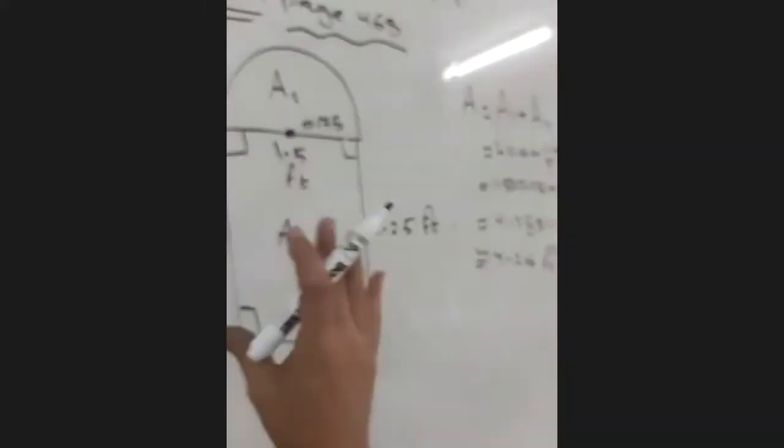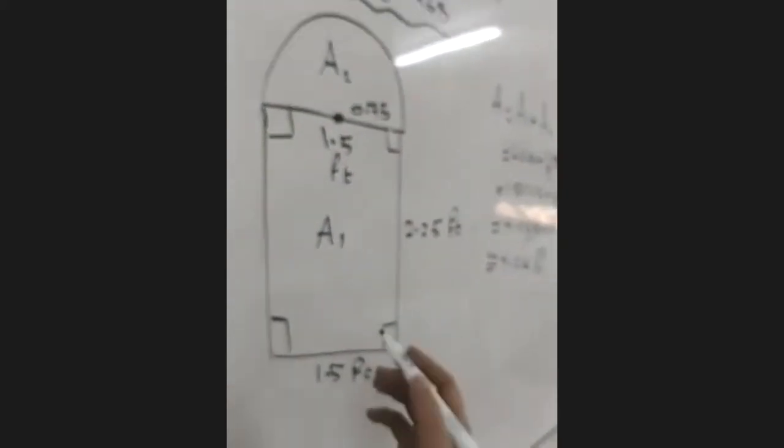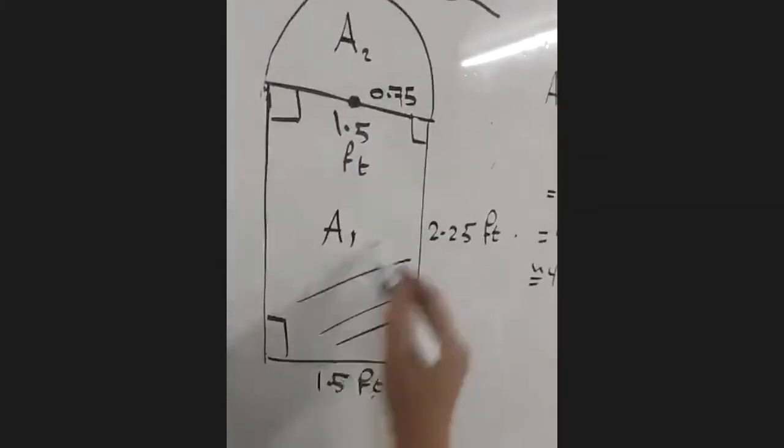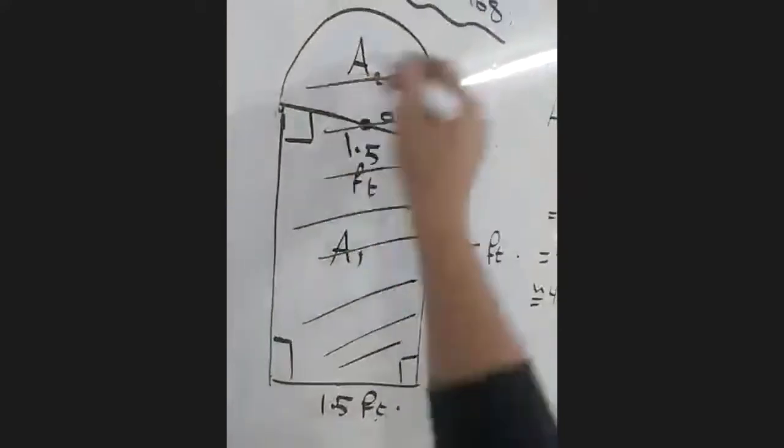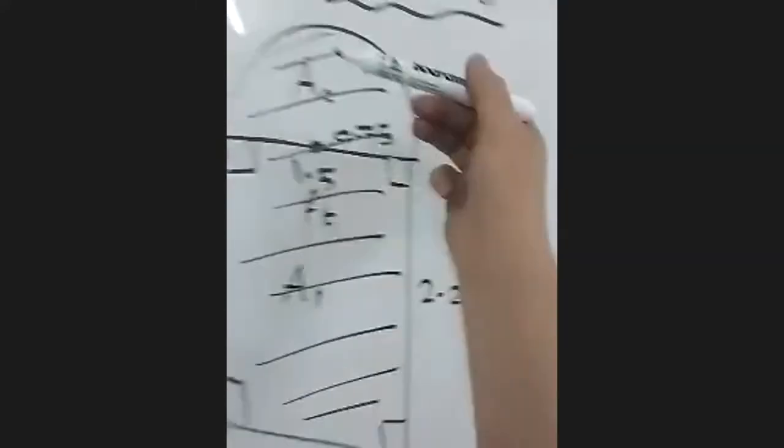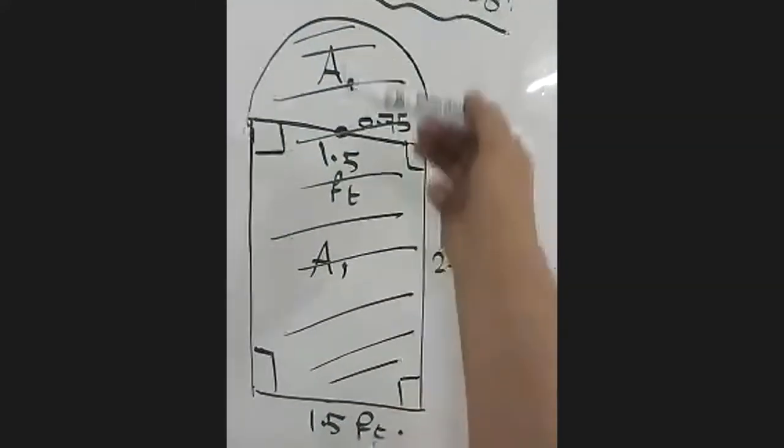Good. Wait, Abdullah. Before we do this example, guys, look at the check question here. Here the question asks us to find the whole area. So we added the parts, right?